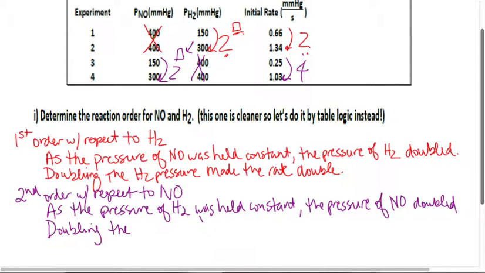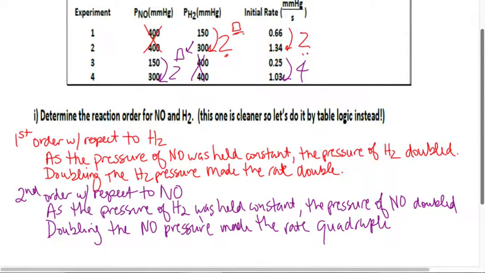Doubling the NO pressure made the rate do what? Quadruple. If you don't know the word quadruple, you could say increase the rate by times 4 or something like that. But quadruple is fine. So that is second order.